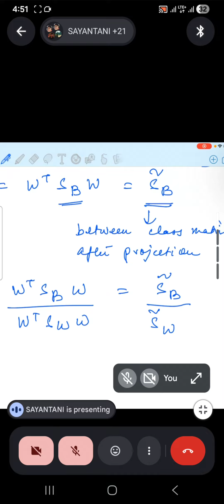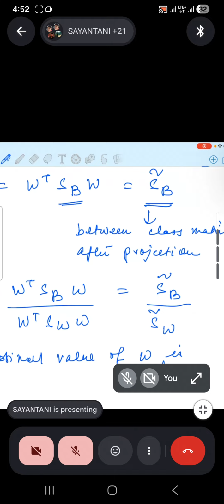This function needs to be maximized in such a way that an optimal value of W is found. Once we find the best or optimal value of W, it can be projected along the best possible direction with larger separation between the mean values of the classes and smaller variance within each class. So this is the function that needs to be optimized. Now, the optimization problem I'm showing you right now is a much more sophisticated optimization problem, so I'm not solving it. Basically, I'm just giving you a brief idea.